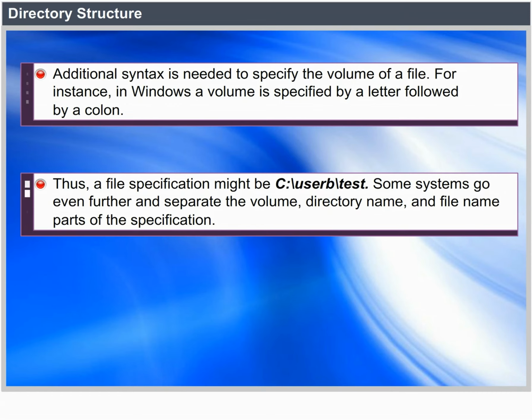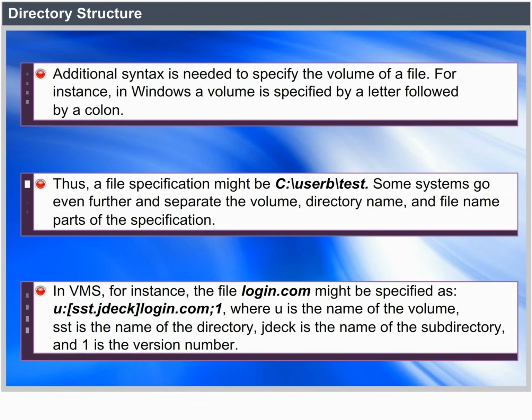Some systems go even further and separate the volume, directory name, and file name parts of the specification. In VMS, for instance, the file login.com might be specified as [sst.jdeck]login.com;1, where U is the name of the volume, SST is the name of the directory, JDECK is the name of the subdirectory, and 1 is the version number.